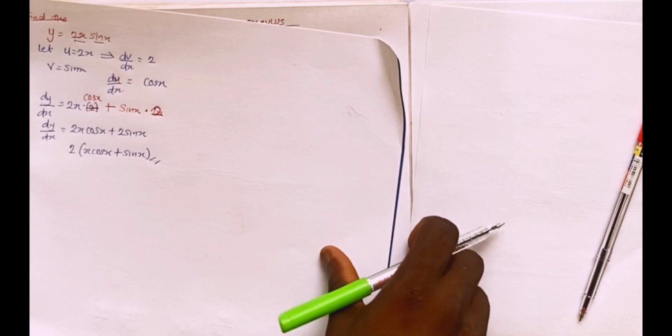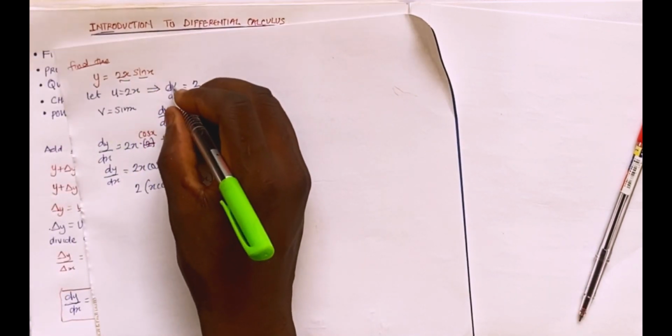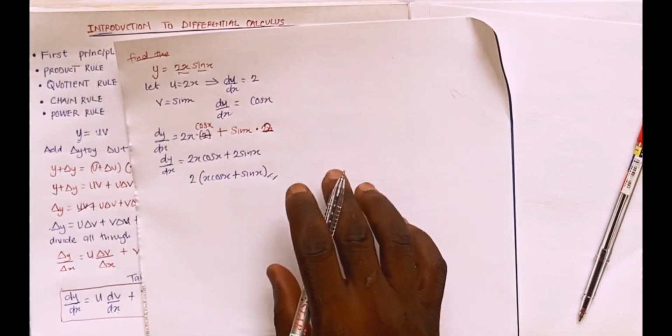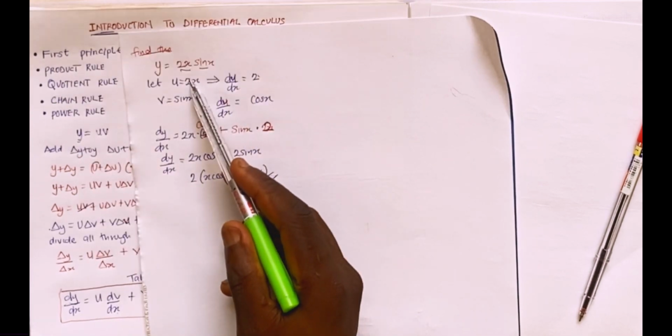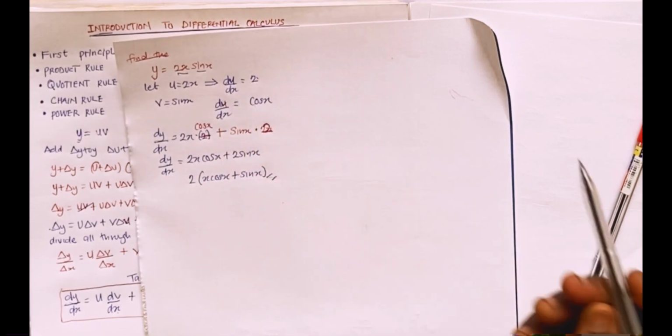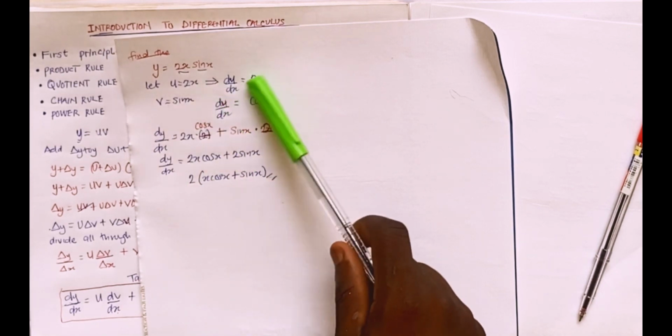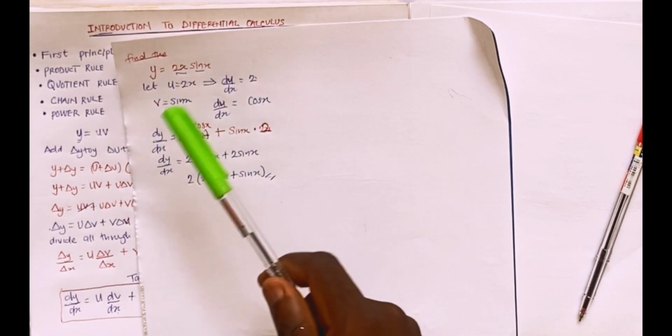You take the one as your u, find your du/dx, which is 2. Then you take the other as your v, finding dv/dx, you are going to have cos x, because whenever you differentiate sin x, you have cos x, and whenever you differentiate cos x, you're going to have minus sin x. So that's just it.